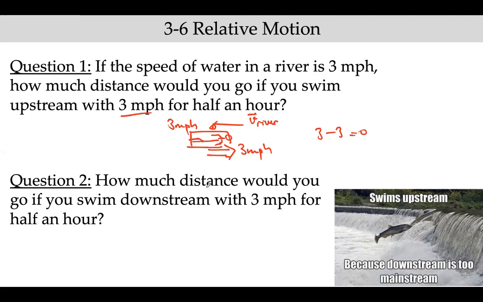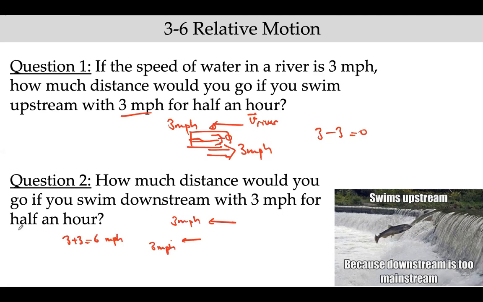Now, question 2, how much distance would you go if you swim downstream with 3 miles per hour? So the river speed was 3 miles per hour, and you also swim 3 miles per hour. So what is your total speed with respect to the ground? The total speed is 3 plus 3, so 6 miles per hour.